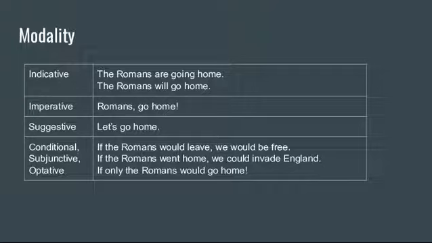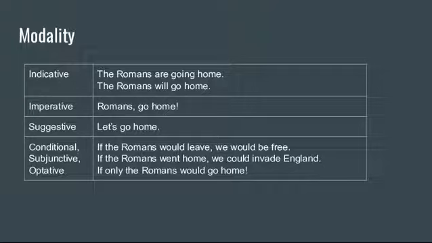Those are kind of factual statements about what happened, or is happening, or what will happen. That's indicative, factual statements. Then there's imperative, a command, Romans go home. So that is a modality where you're demanding or commanding. It doesn't exist, but you're commanding it. Suggestive, let's go home. That's another kind of modality of verbs.